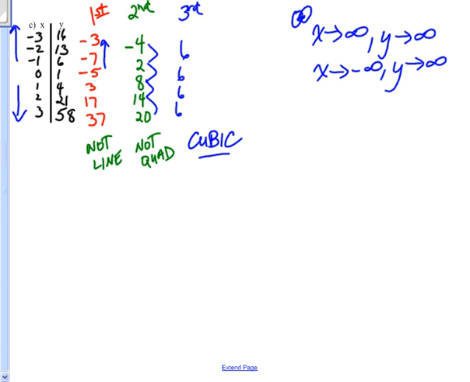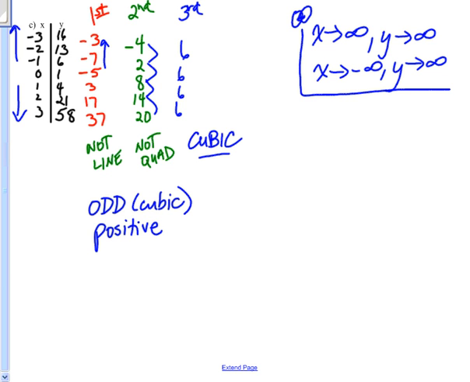Our third differences are positive. So we have an odd function, because it's cubic, because our third differences are the same. Positive function, because those third differences are +6. That end behavior holds with our summary chart for that.